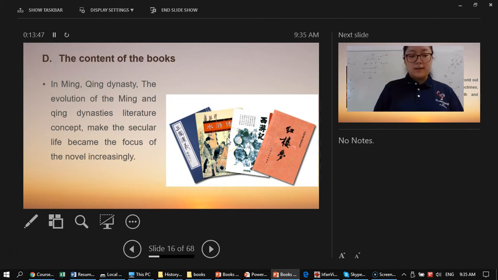In the Ming and Qing dynasties, the evolution of literary concepts made secular life increasingly become the focus of the novel. The objects were drawn from real life. Through families, marriage changes, and the ebb and flow of empires, novels reflected social relationships and showed the prevailing outlook.